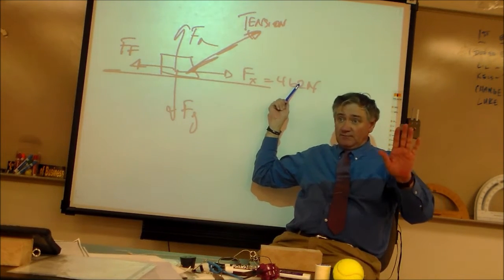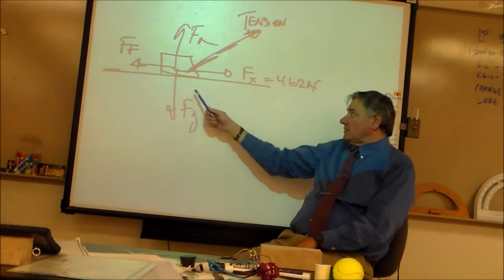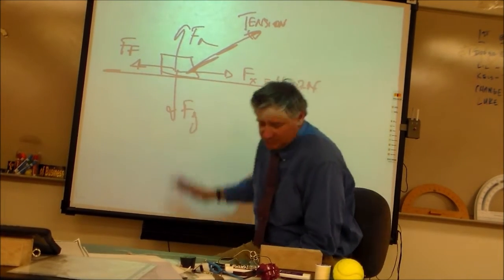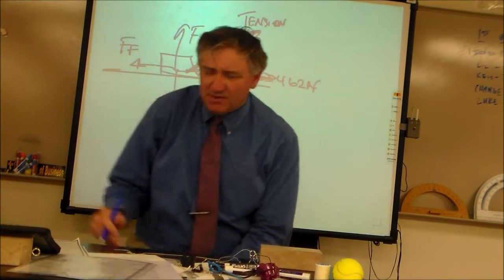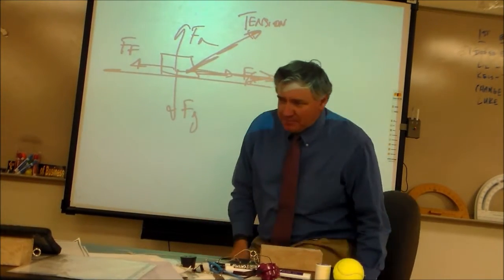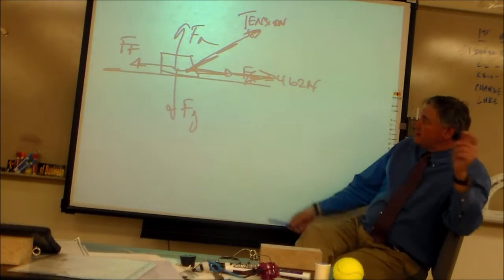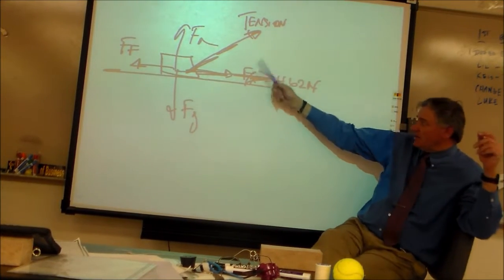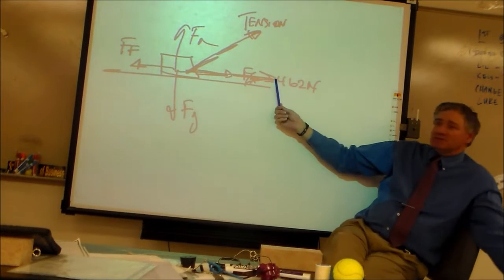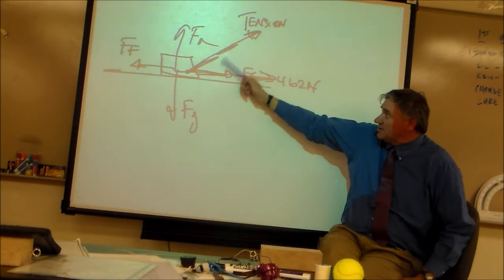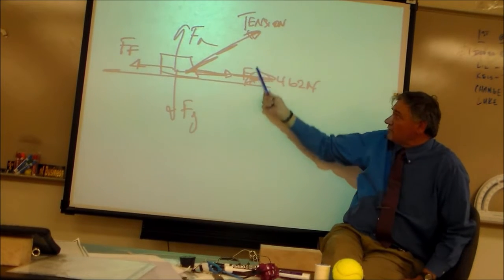Do you not put the line from the center? Yeah, it doesn't make any difference. I'm not going to be that picky about it. If you consider this being a triangle, well, triangles have 3 sides. So here's your horizontal component, there's your tension, so that means there's going to be a vertical component here.